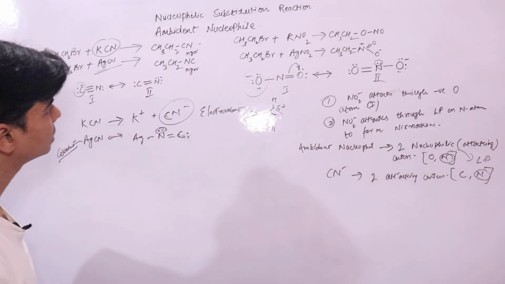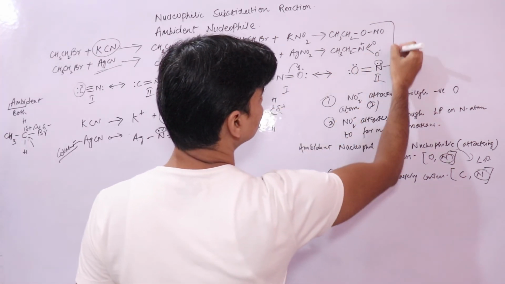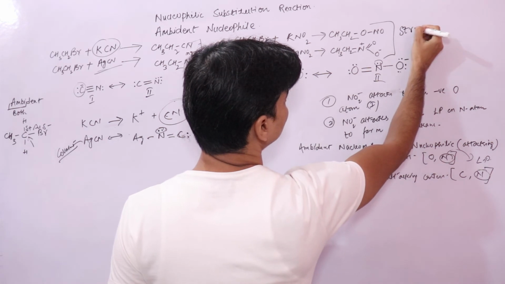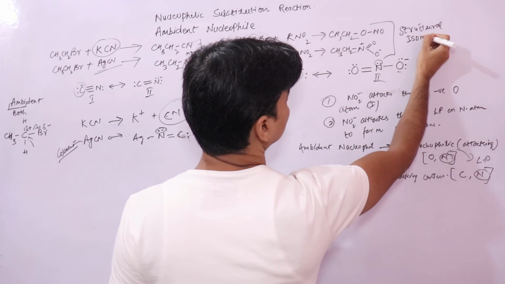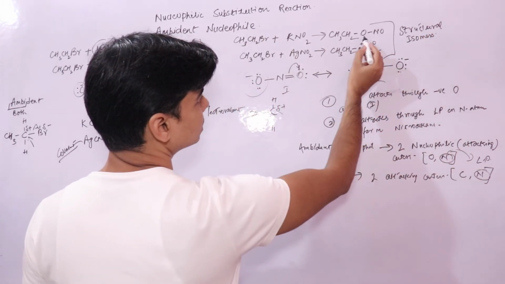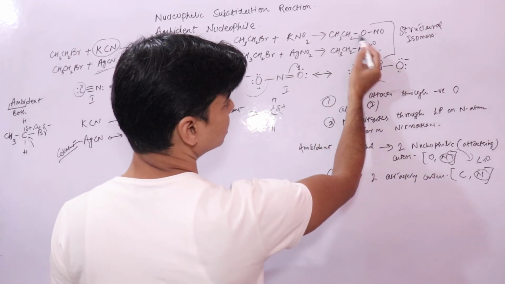One thing to notice is that these two compounds are structural isomers that have the same number of carbon atoms, but they have different structures, right.